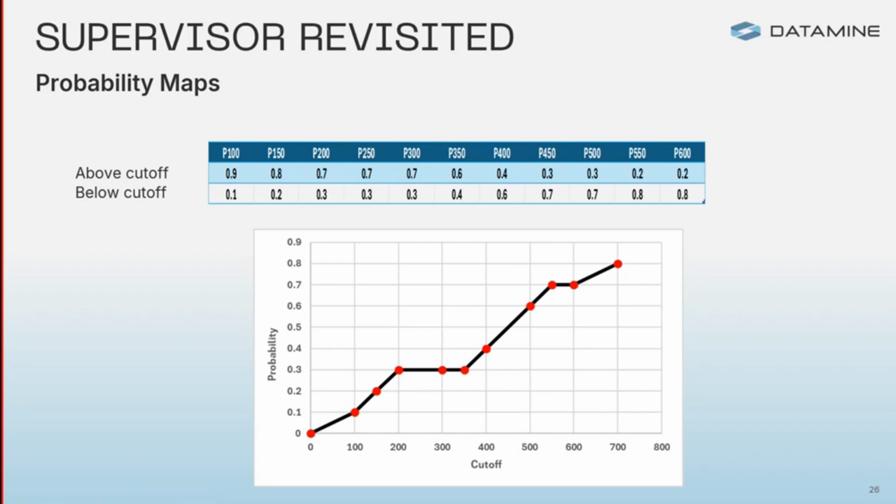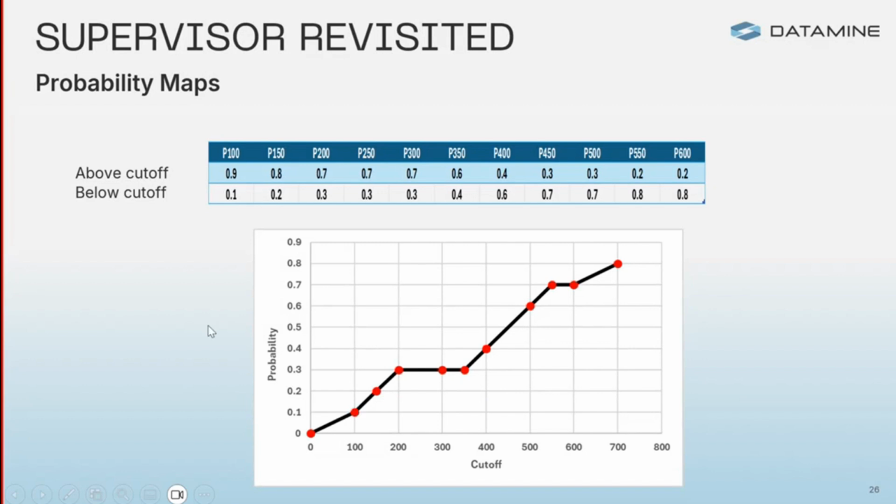I wanted to show you this because if you are familiar with MIK, we are always looking for a CDF at block support. You need to run kriging a number of times, you need to set the variograms, and you need to do change of support. With conditional simulation and using Supervisor, you can have straight your CDF at block support.